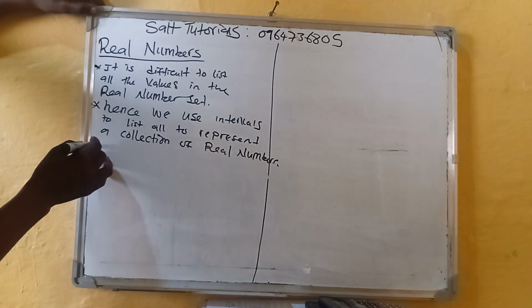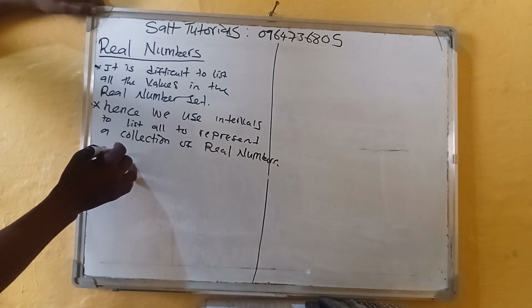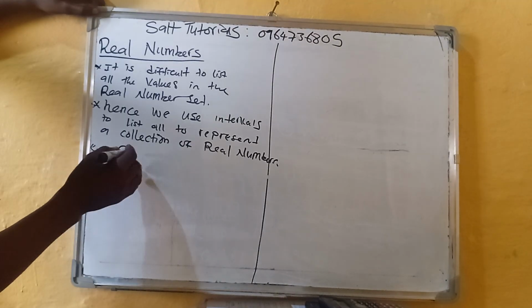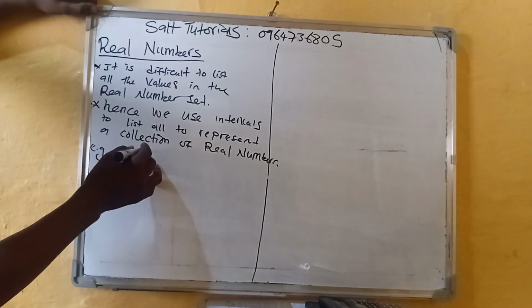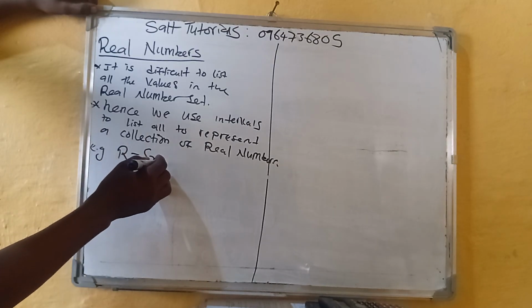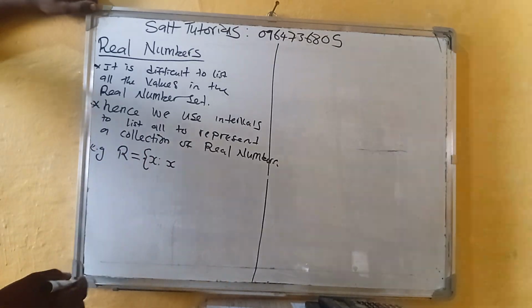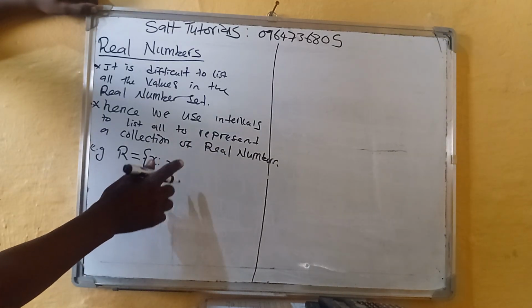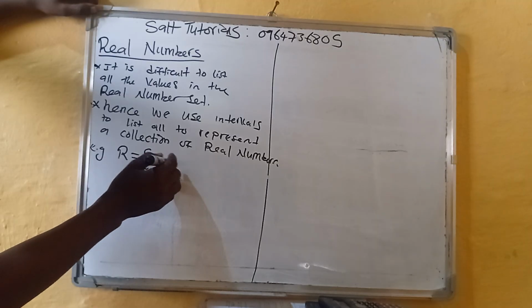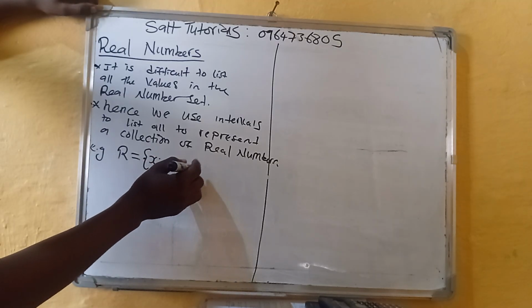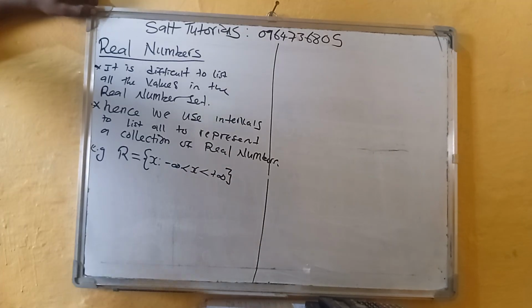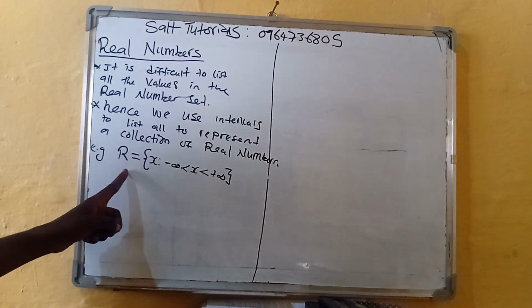For example, I can say that the real number set R is equal to the set of x such that negative infinity is less than x and x is less than positive infinity. This can be a description of the real number set.